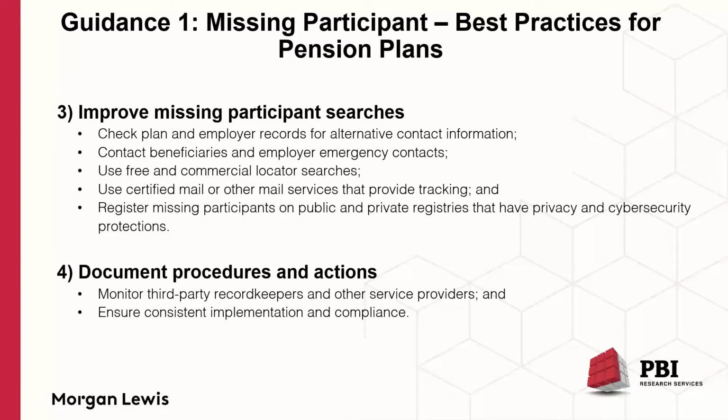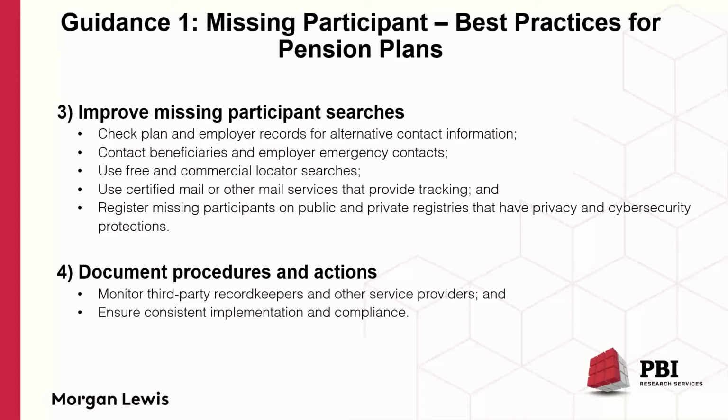So if we go back to the FAB from 2014 that Liz referenced earlier, you see a lot of the same steps, like using certified mail, using free and commercial locator services, but the DOL added some new potential steps, and some of them I think people have cited as being somewhat problematic.